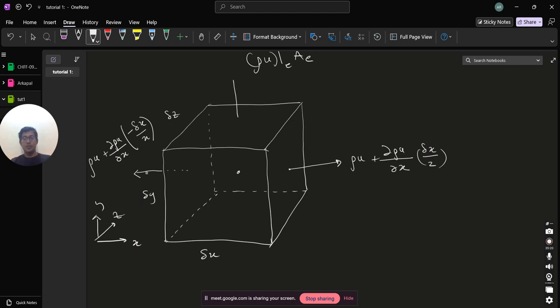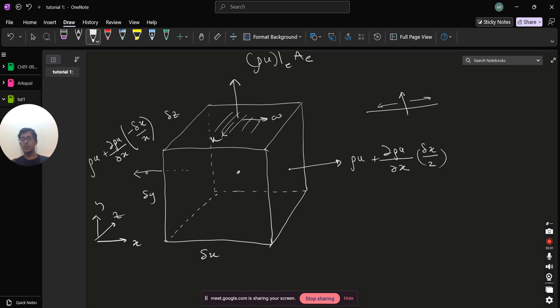And what about the flux here? It will be the same, but the only difference is that we will only consider the velocity that is perpendicular to this plane, because the velocities that are parallel to this plane, that is the u and w, do not result in any flux. If you have a surface and the velocity is going this way and this way, no flux is there across the boundary.